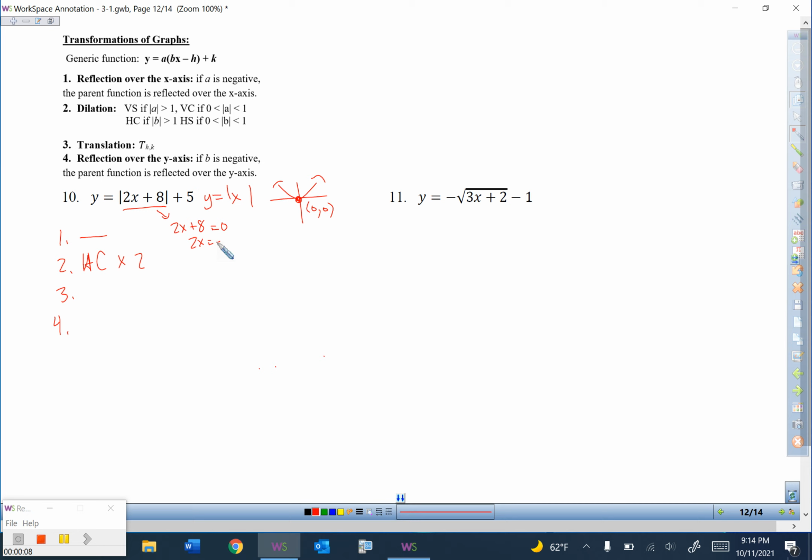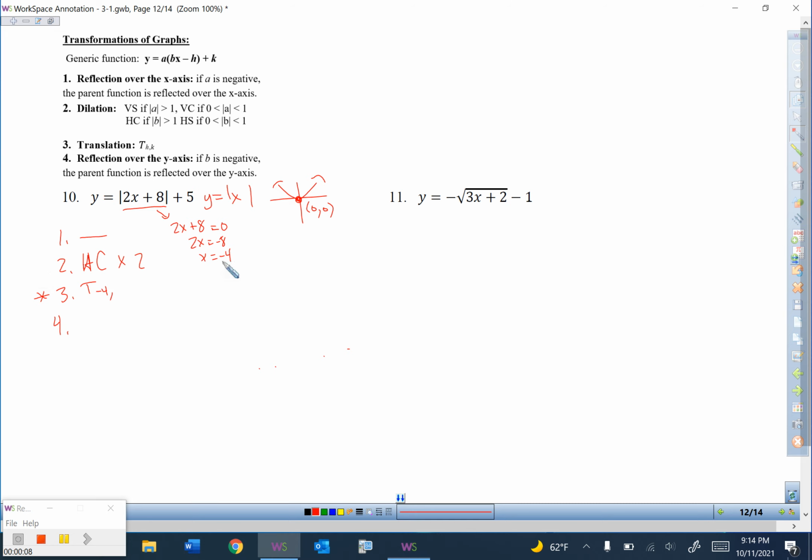So 2x equals -8, and then x equals -4. So my translation is not -8, it's actually -4. And it's all about order of operations with the dilations and the translations here. So if you have B and H, you got to be careful on step 3.